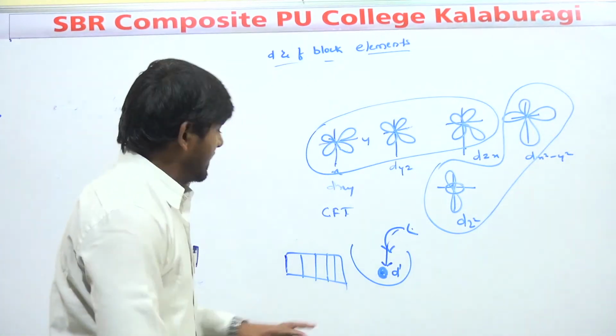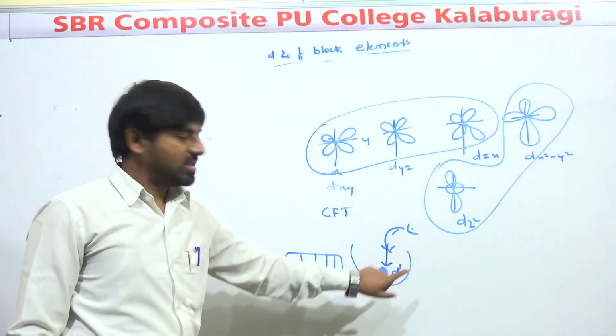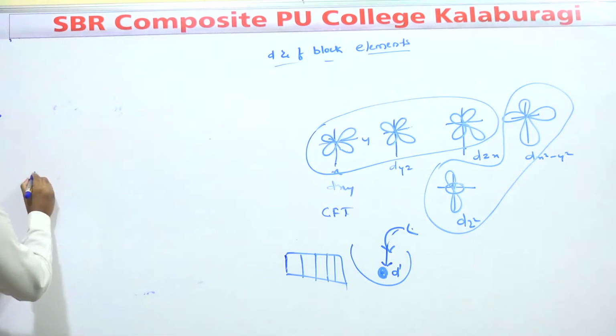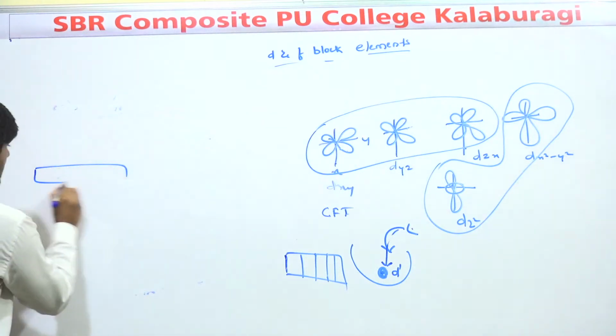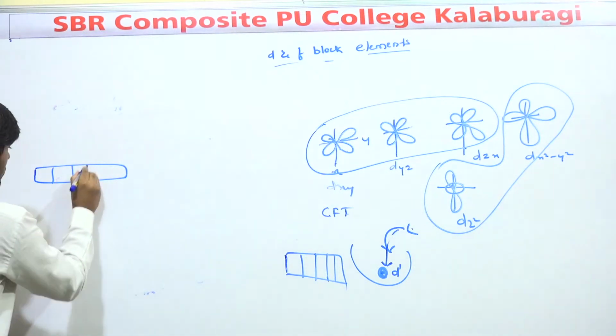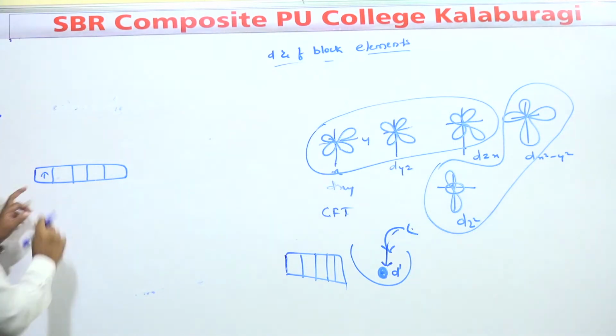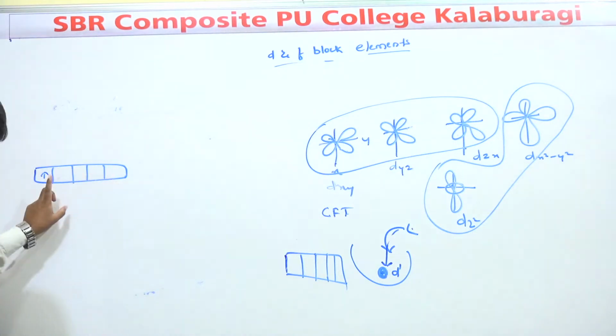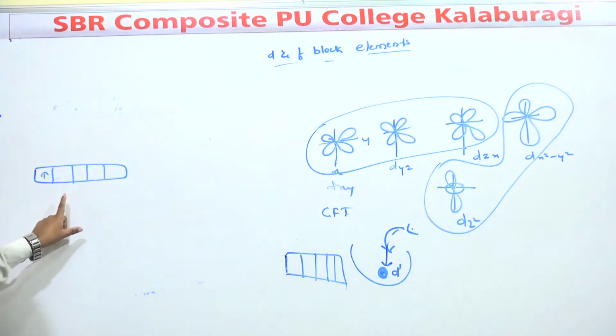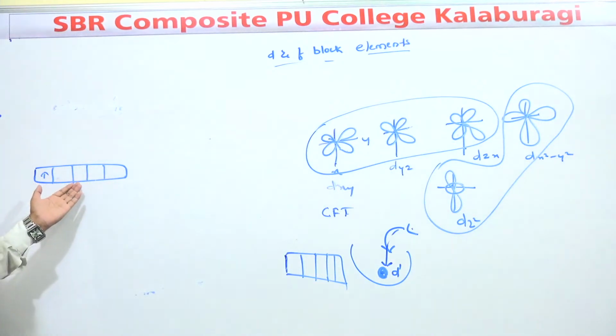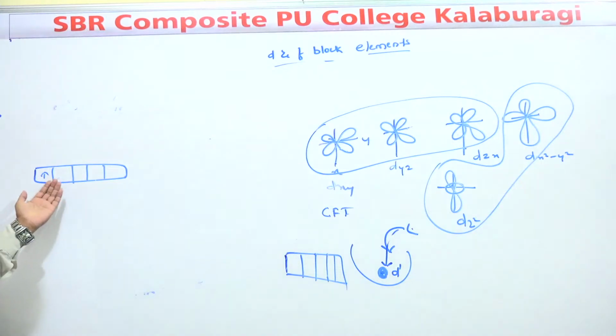Initially, when it is free from all these things, the d orbitals are degenerate. Degenerate means the energy of all the 5 orbitals is the same. So I can place this electron in any of the orbitals, because there is no energy difference, so it can place itself in any one of the orbitals according to the situation.